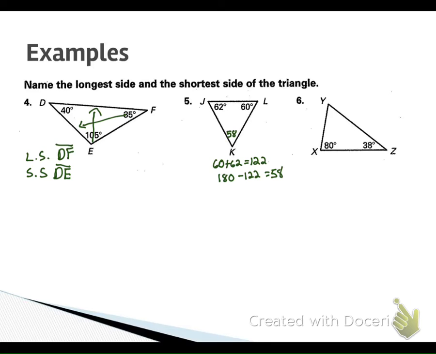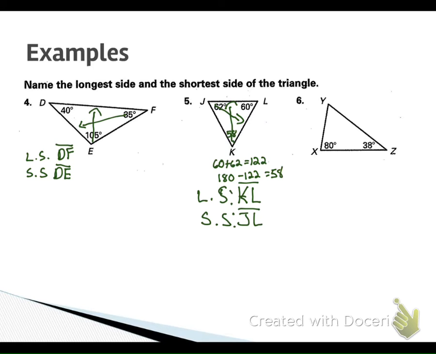So now that I have this, which side is my longest side? So we see that our biggest angle is across from the 62 degrees, which is KL. And our shortest side is across from our smallest angle, which is at 58 degrees, which is JL.